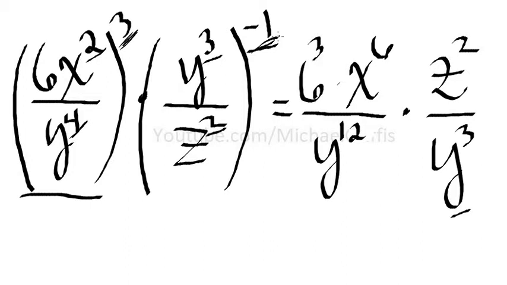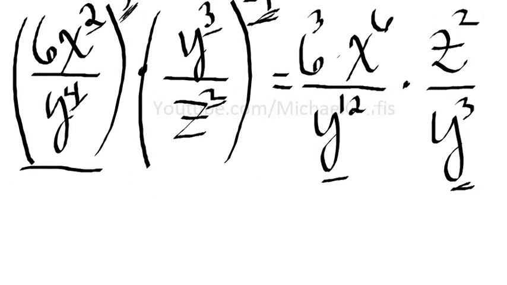Now what do we do? We got a y raised to the 12th power times y raised to the 3rd power, so we just add their exponents. So we end up with 6 to the 3rd power. What the heck is that? 216?